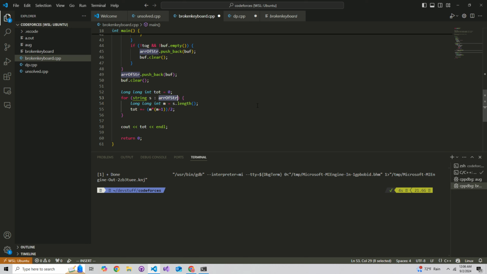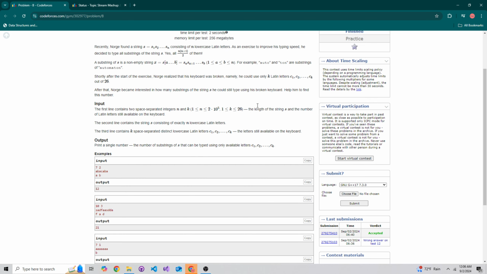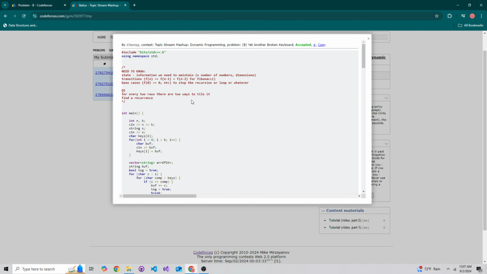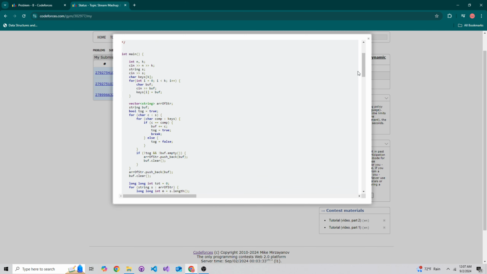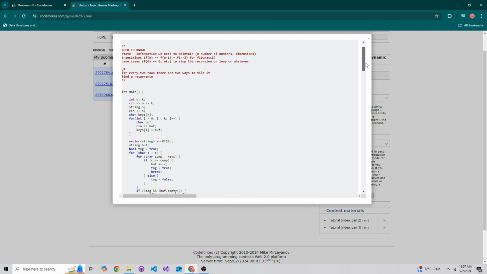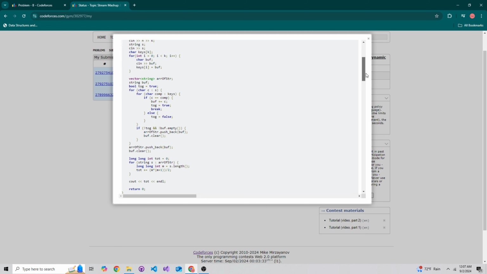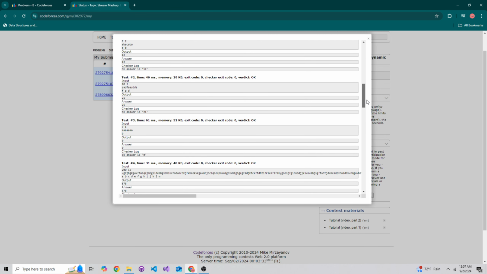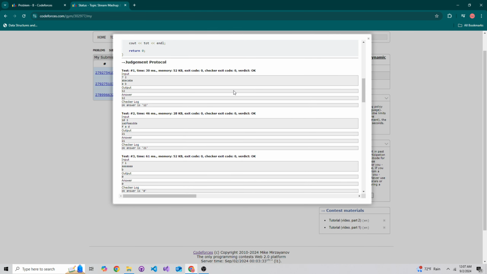This is not the way to do it efficiently at all, but it worked kind of. So my submission, right here, not bad. It works, but not the most efficient.